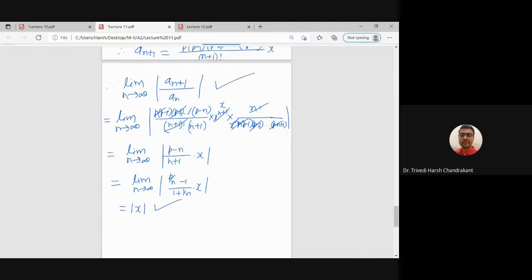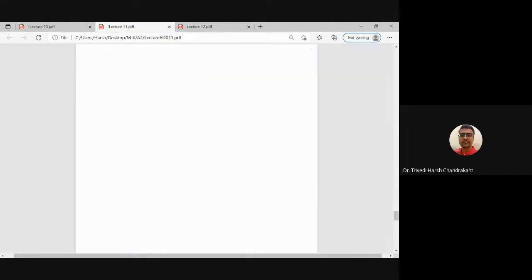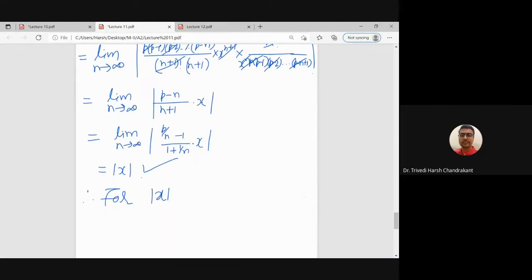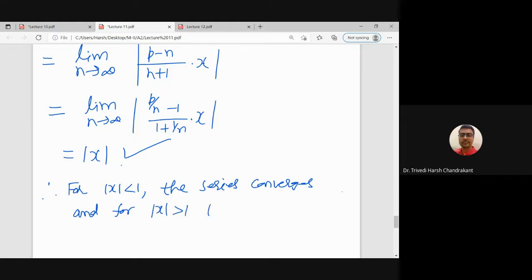And whenever this ratio is less than 1, the series converges. Right. So therefore, for mod x less than 1, the series converges. And for mod x greater than 1, the series diverges.